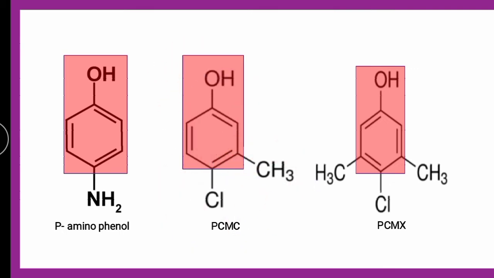So it is PCMC. And PCMX is again para-chloro. At meta position, if you see, it contains methyl. So it is metaxylenol. When there is a benzene ring, hydroxy and 2 CH3, it is xylene.